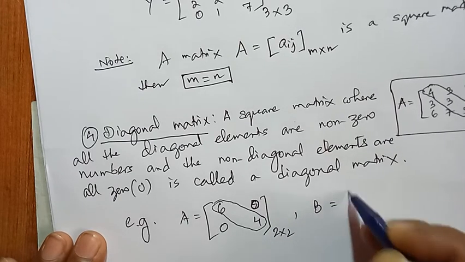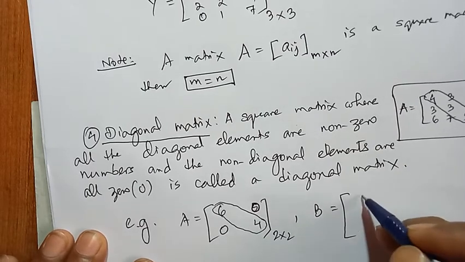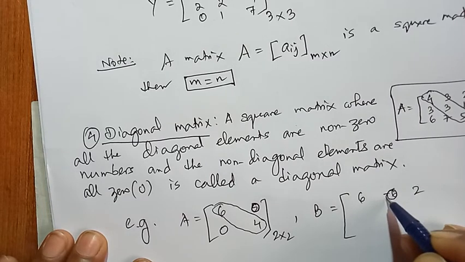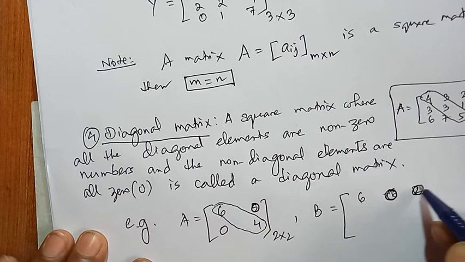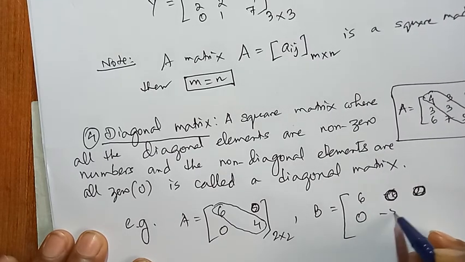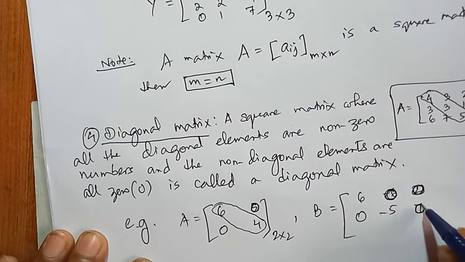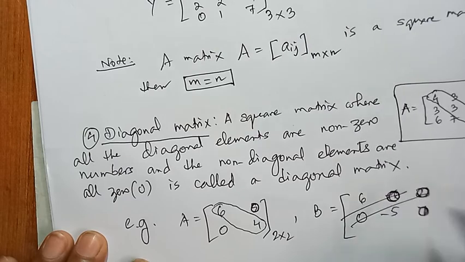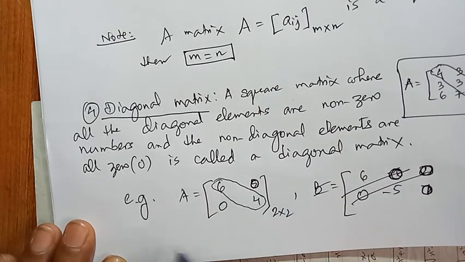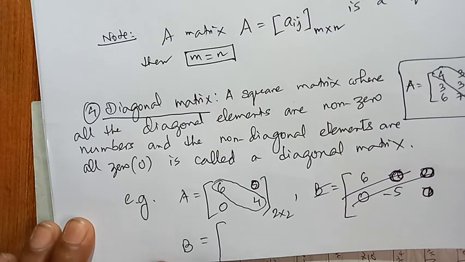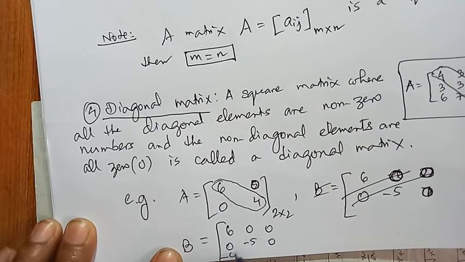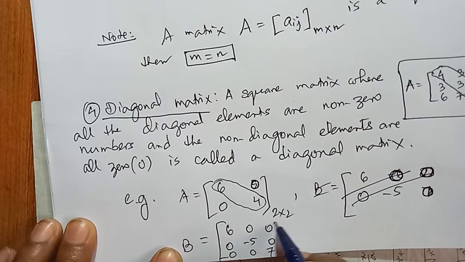Then for the next example, matrix B: 6 0 0, 0 minus 5 0, 0 0 7.